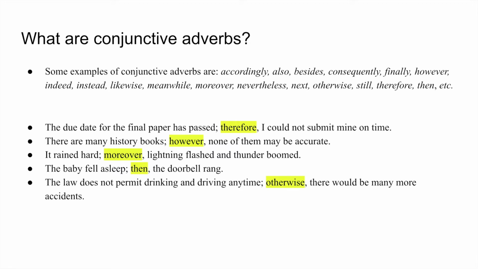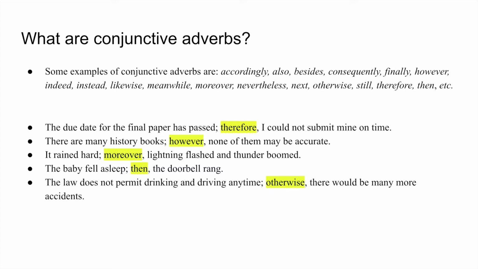This is positive, it's great. However, none of them may be accurate. Negative point. So you see how the word however kind of joins the positive idea with the negative idea. There are many history books. However, none of them may be accurate.